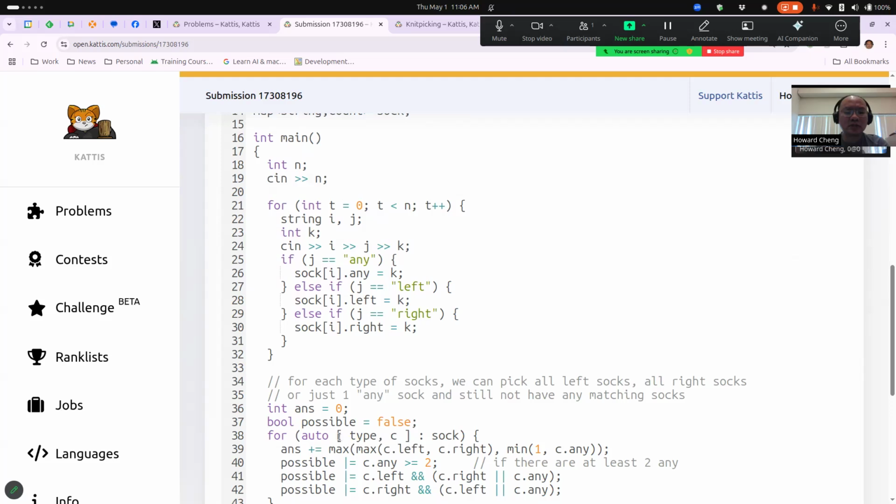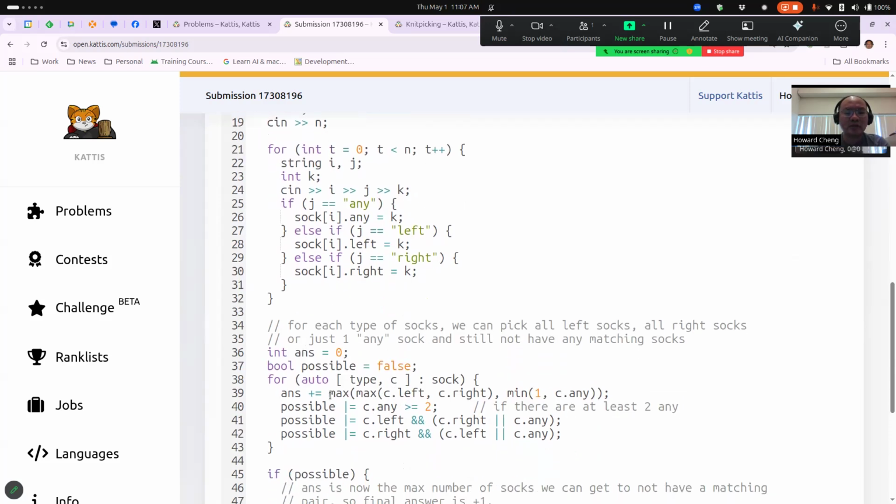This is in C++17. You can use this auto [type, c], and we'll go through the entire container, and each entry will assign the key to type, the value to c, and then it will loop through the entire map.